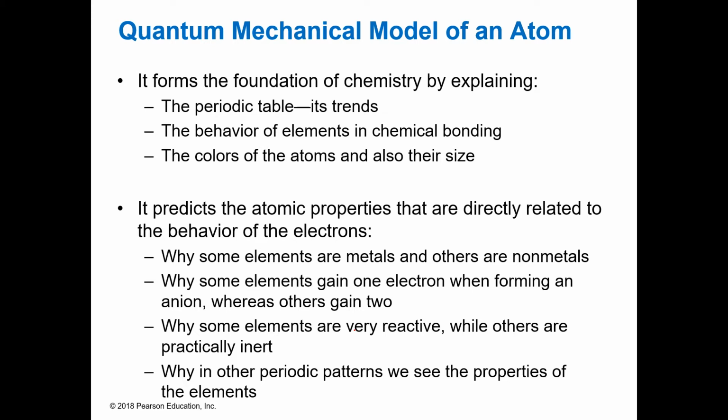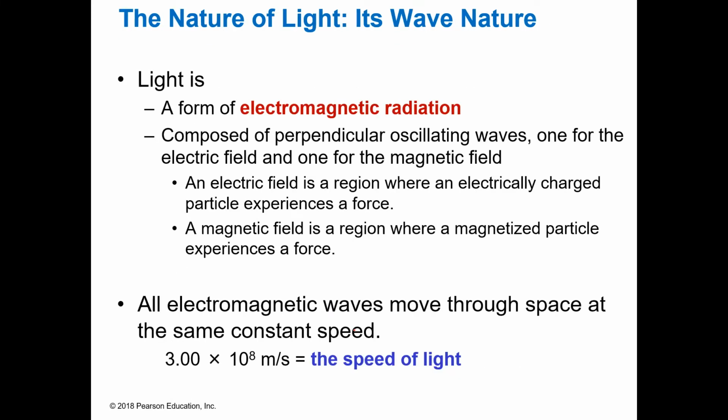Okay, so step one to understanding the electrons is the energy of the electron in regards to light. All right, we know that light moves in waves. I'll explain that a little bit more in a minute, but light is a form of what we call electromagnetic radiation. There are lots of different types of radiation, and we'll go over different ones as the semester proceeds.